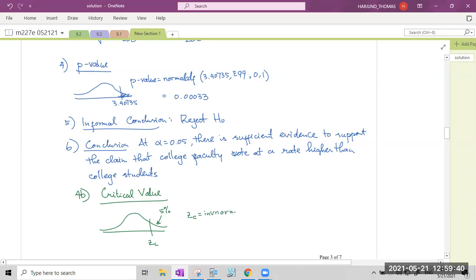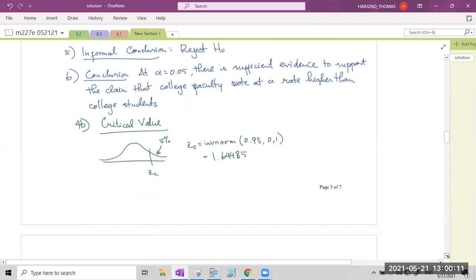Area to the left is 0.95. That's 1.644 something, 64485. Let me see. Yeah, 64485. That's for page 3 of this test. Let's go on.